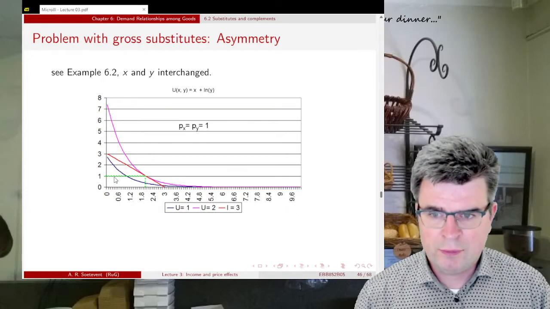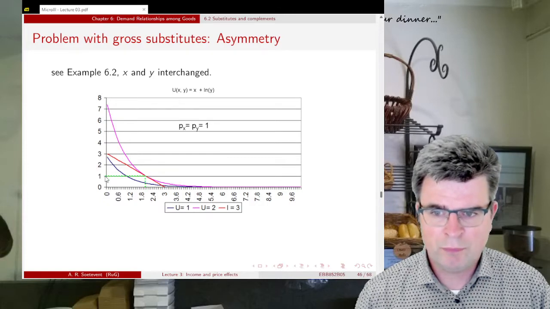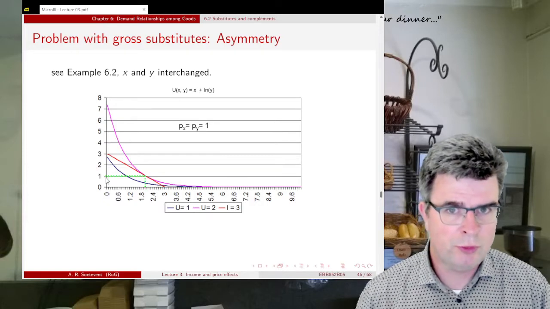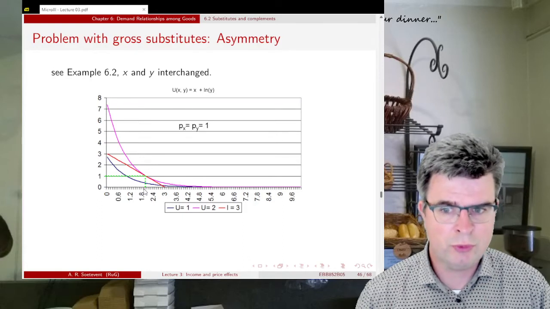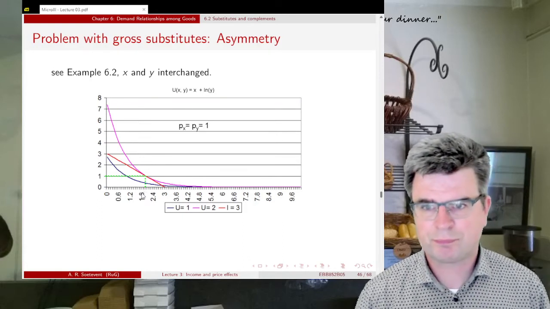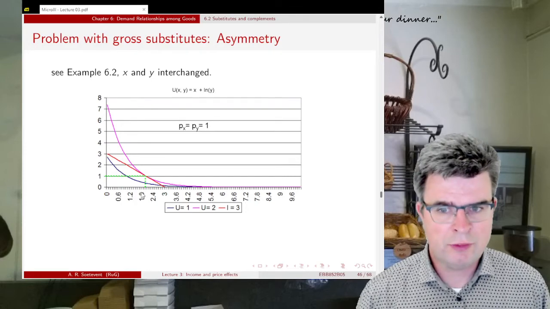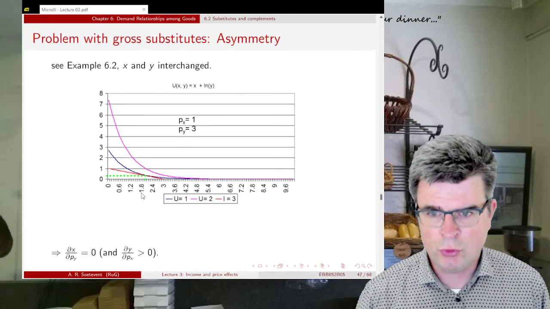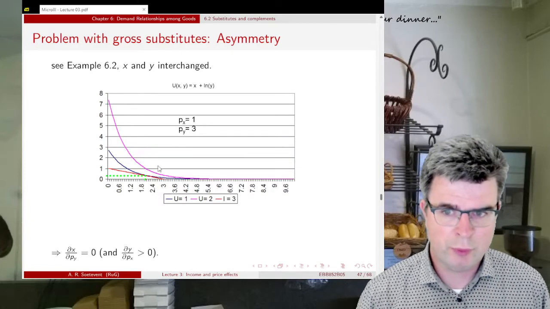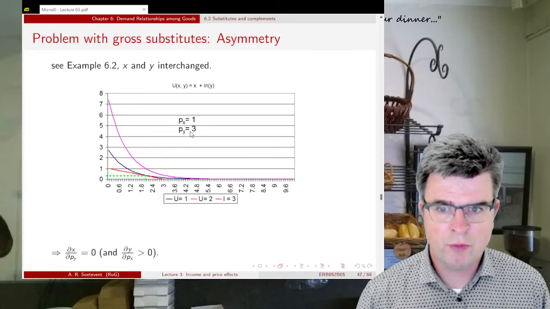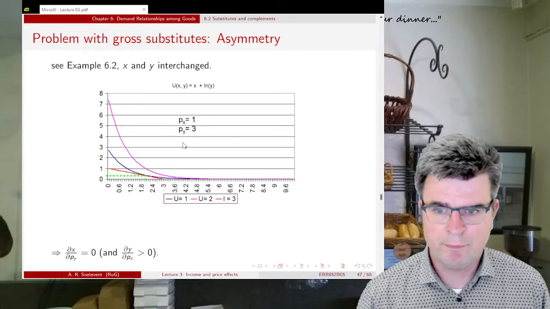And these green dotted lines give the optimal consumption bundle. In the optimum, we consume 1 unit of Y and 2 units of X. And now we are going to increase the price of good Y. So we increase the price of good Y from 1 to 3.